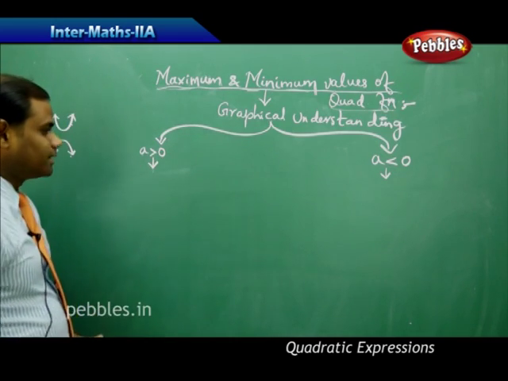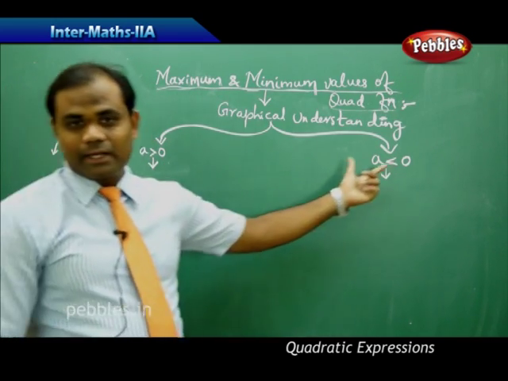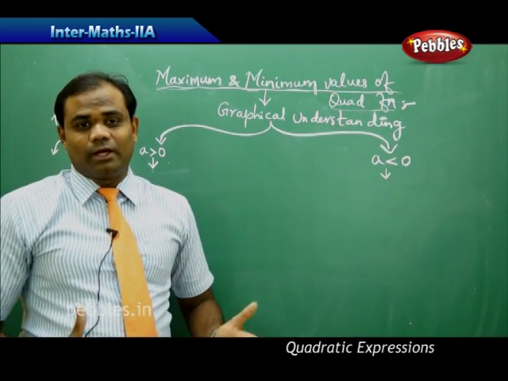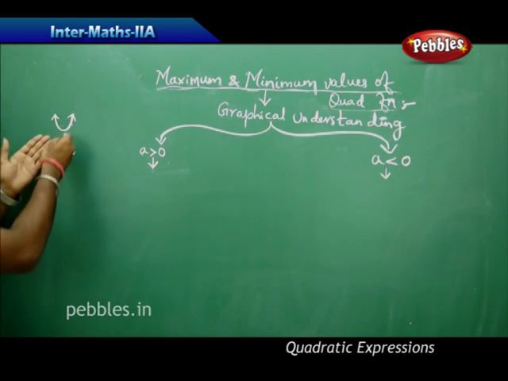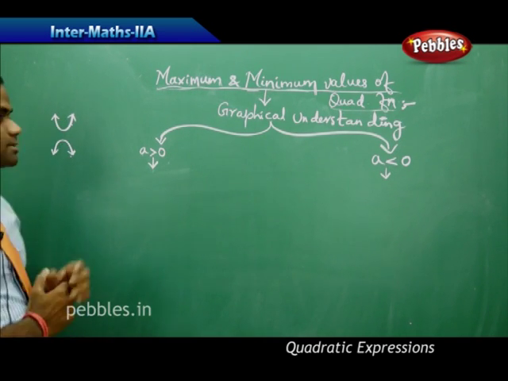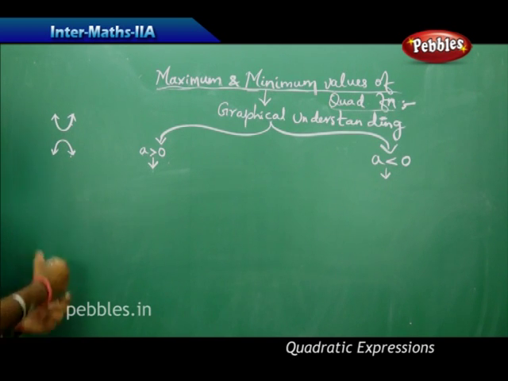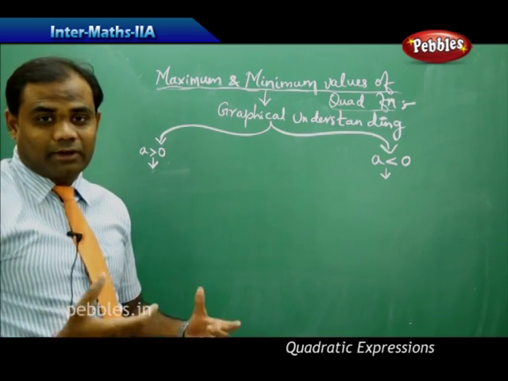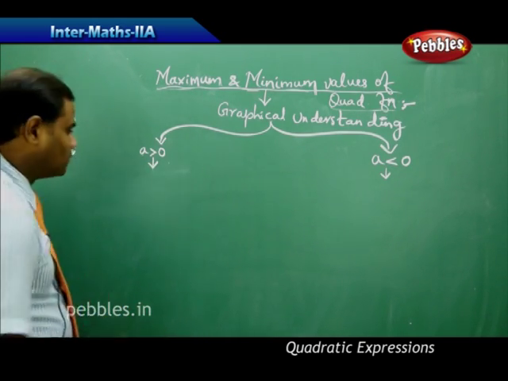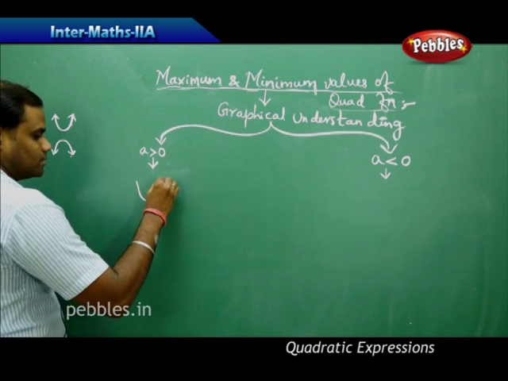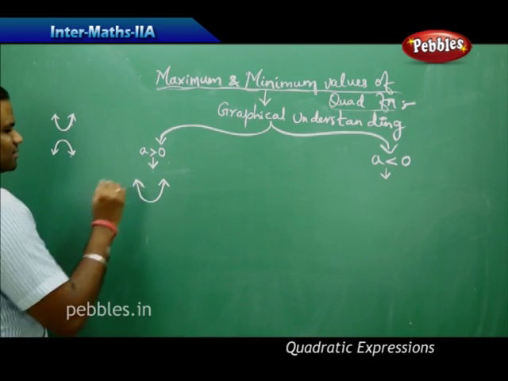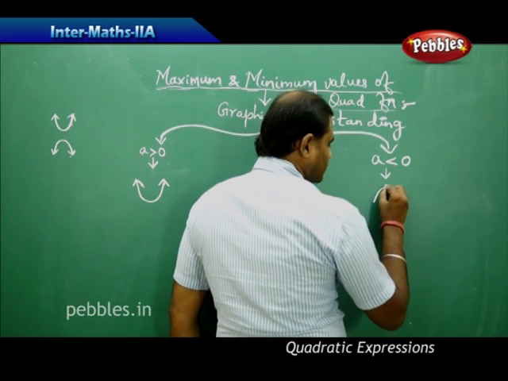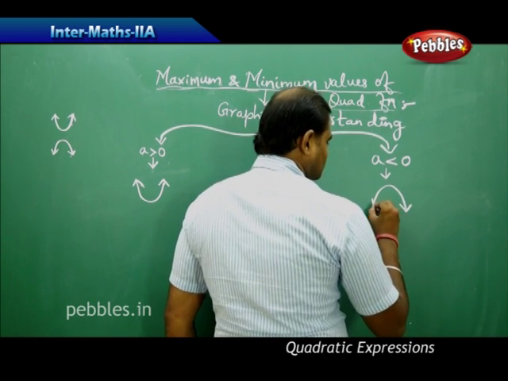Now here we see that there are two cases: A greater than 0 and A less than 0. As we have seen, a quadratic function graphs as a parabola, either upwards or downwards. We learnt in the previous sessions on quadratic equations and functions that when A is greater than 0, the parabola is upwards, and when A is less than 0, the quadratic function is downwards.